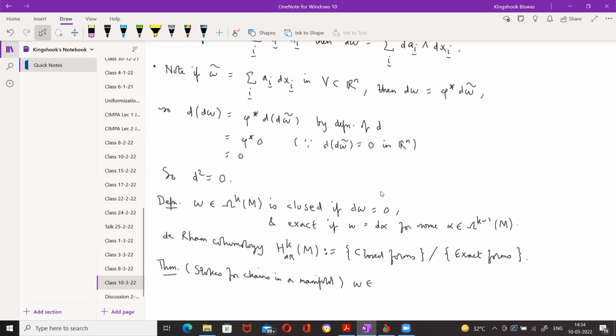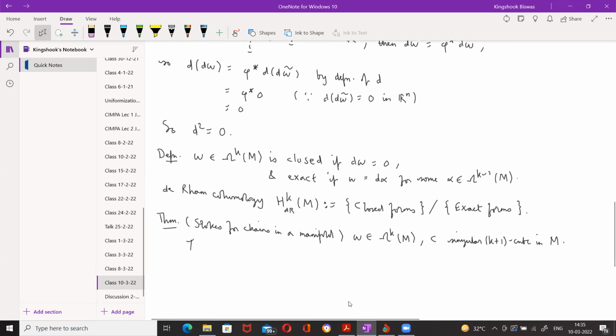So if omega is a K form and C is a singular K plus 1 cube in M, then the integral of d omega over C is the integral of omega over the boundary of C. We proved this when the image of C lies in a chart.